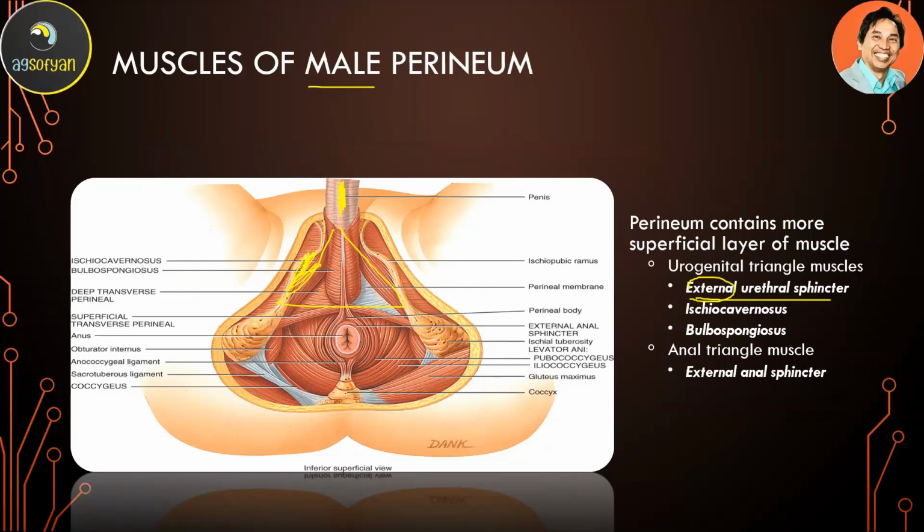The ischiocavernosus muscles are the same here, and the bulbospongiosus is over here. Right, so that's the top triangle, and the bottom one is the same here. It's going to be the external anal sphincter muscle.